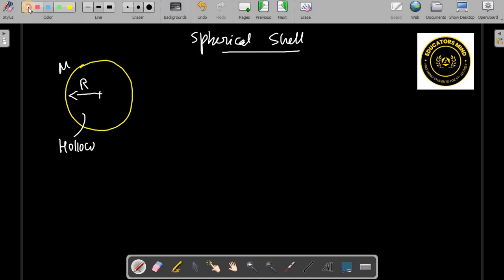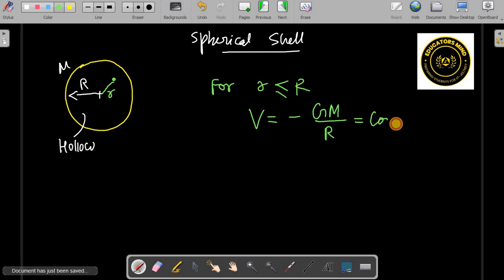So potential inside and potential outside. Take any point inside at a distance r. For r less than or equal to R, the potential is going to be minus GM by R. This is going to be constant, which we have to note.